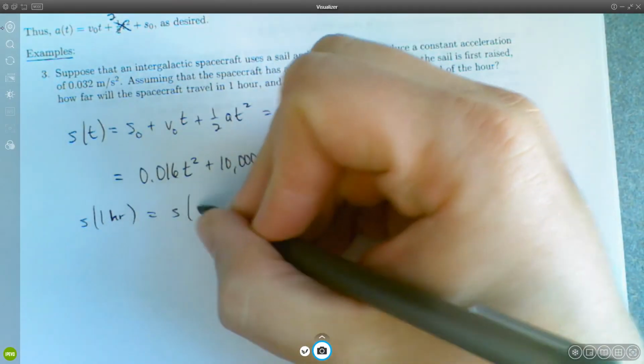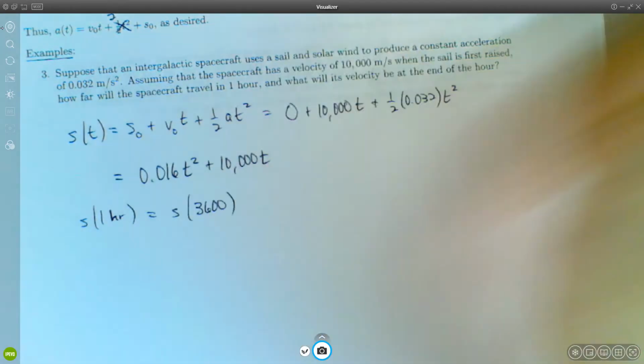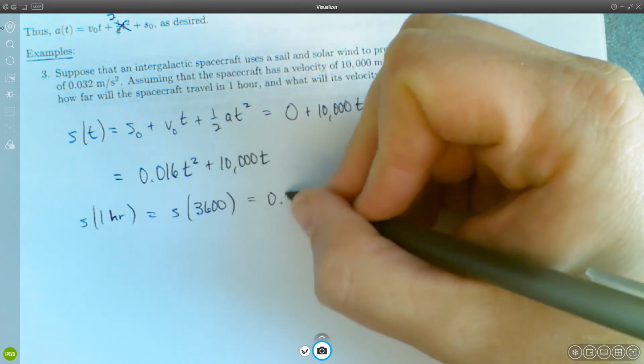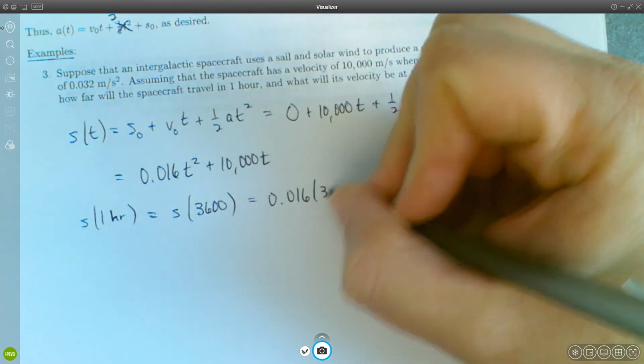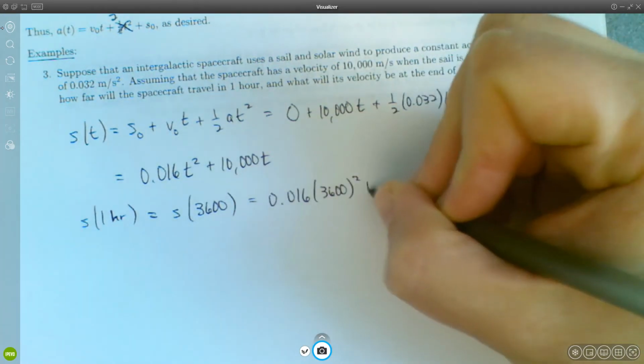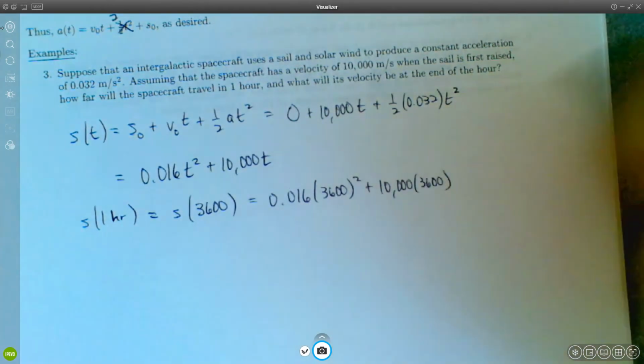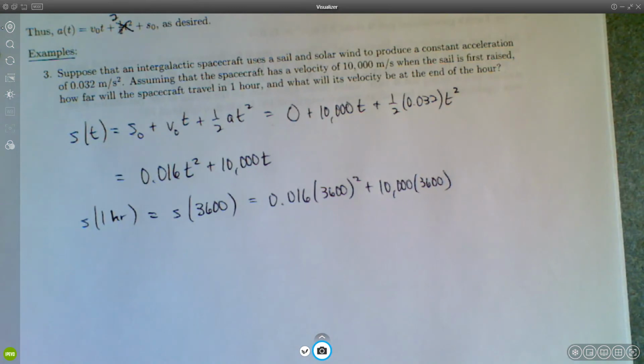So this would be S of 3,600, right? So this is 0.016 times 3,600 squared plus 10,000 times 3,600. And let's see what we get.